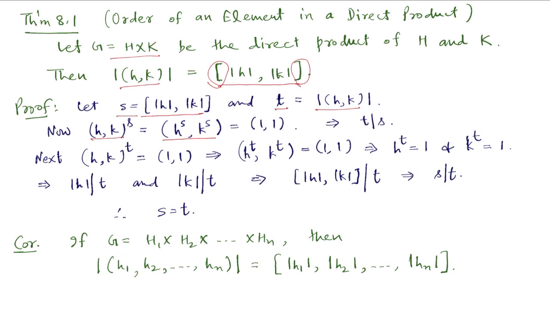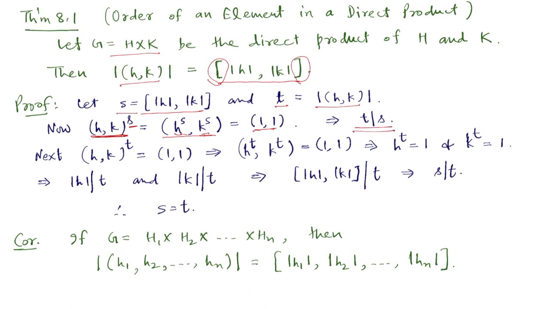But because S is the LCM of the order of h and the order of k, the order of h will divide S. So that means h^S will be 1. Similarly, k^S is also 1. So both these are 1, and we get (1, 1), which is the identity element of H cross K. So that means this element (h, k) is killed by this positive integer S, so the order of (h, k) must divide S. So that means T divides S.